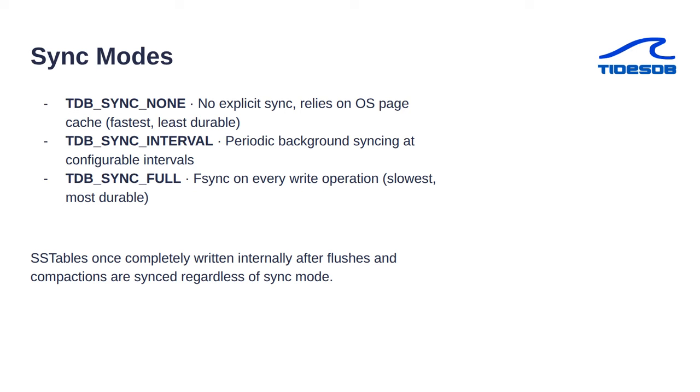The sync interval is, if you set that for a column family, then that column family is going to be periodically synced in the background in the sync thread at the database level. You set the interval at the database level as well, in n amount of milliseconds.